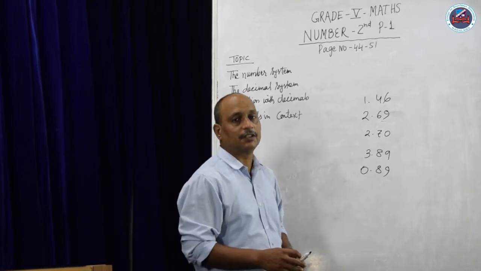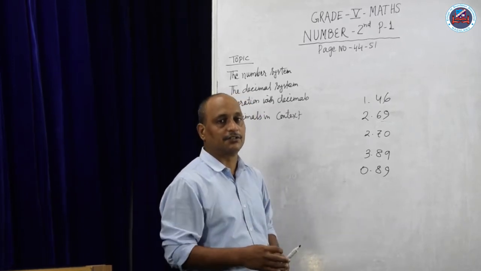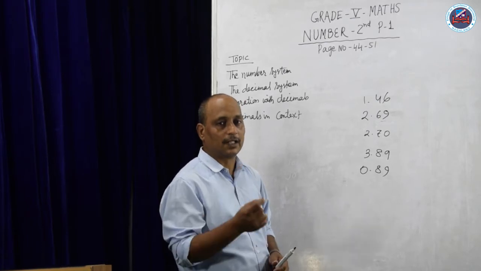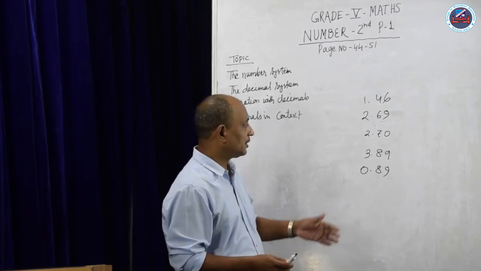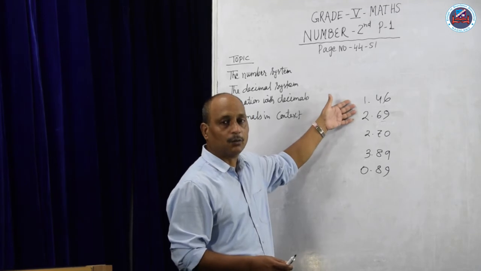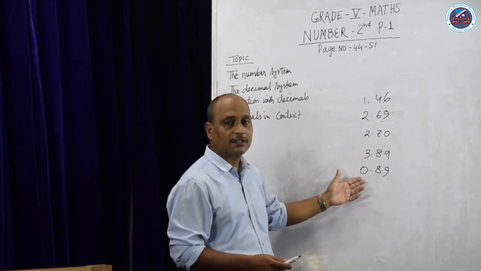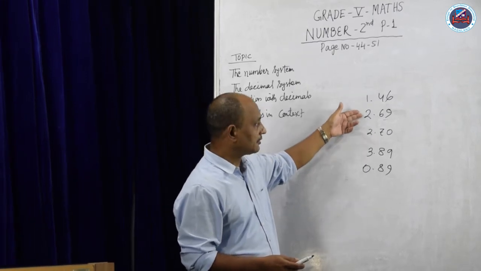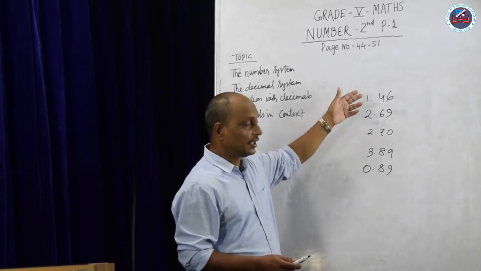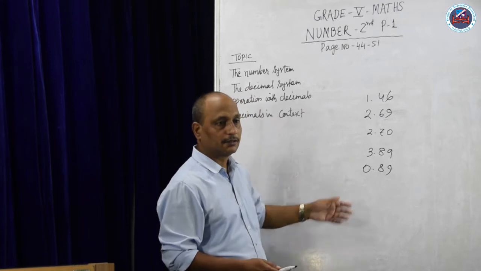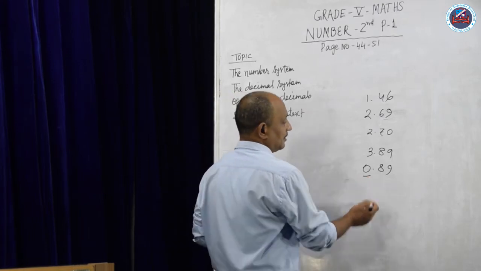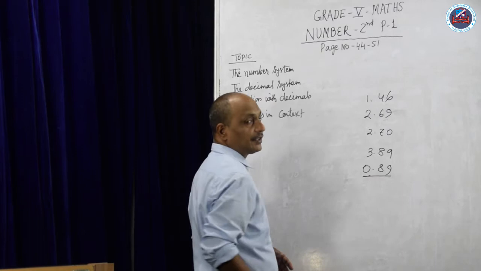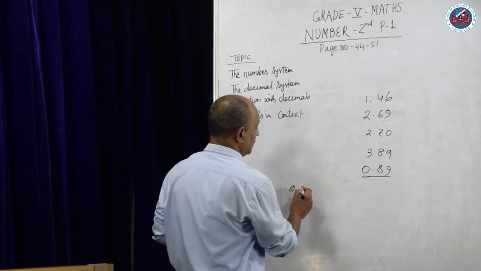In order to see the smallest number, you first see the integer part, that is ones, tens, hundreds. So here all the numbers have ones. Here ones means this 0, here is 3, here is 2, here is also 2, and this is 1. Now which is the smallest number? The smallest number is 0. So this will be your first number, that is 0.89.